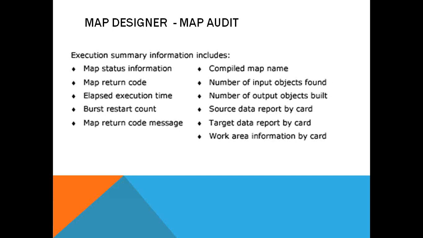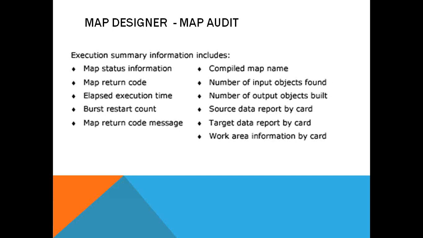It will be map status information, like whether the map completed successfully, what the map execution result is, whether it completed successfully or there was an error, and the return code. If the return code is 0, the map completed successfully. For every error, there are some return codes.